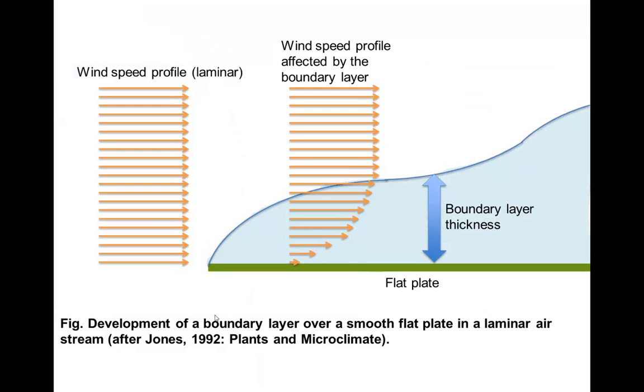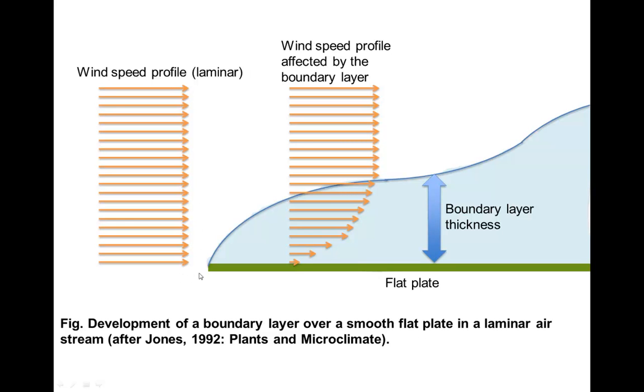So this is another example of boundary layer development over a flat surface. This is a case of laminar flow, which is the simplest case to understand the boundary layer. Laminar flow, by definition, is equally distributed wind speed across the vertical profile.